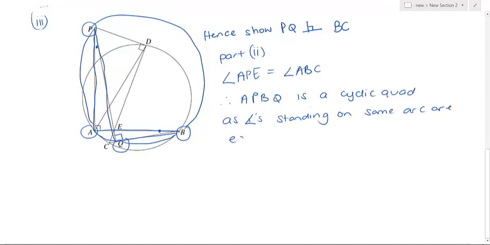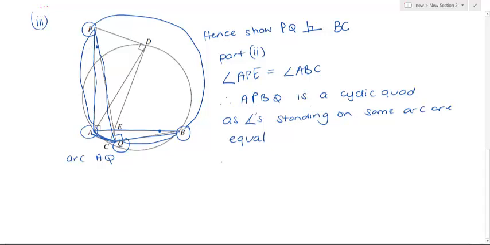Because these two are equal, they're both standing on the arc AQ. So all these 4 points form part of the circumference of a large circle, and A, P, B, and Q are a cyclic quad.